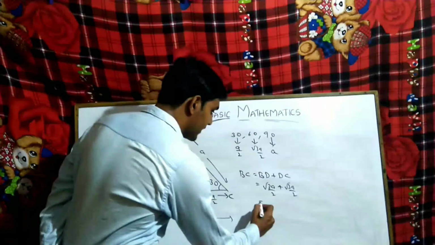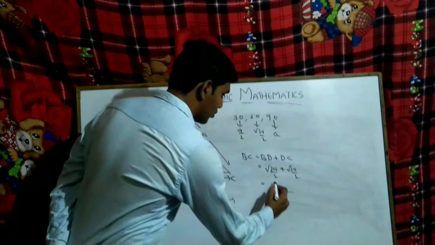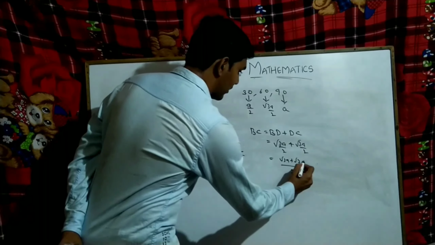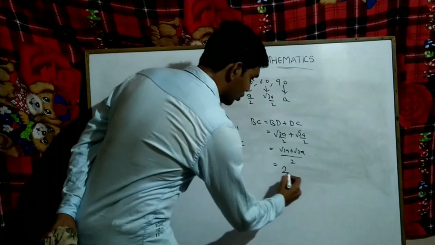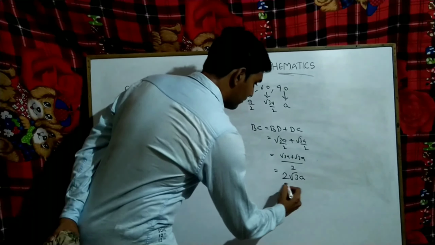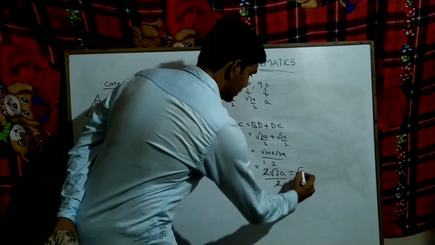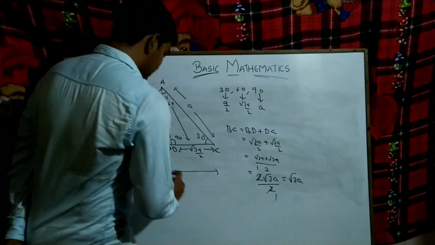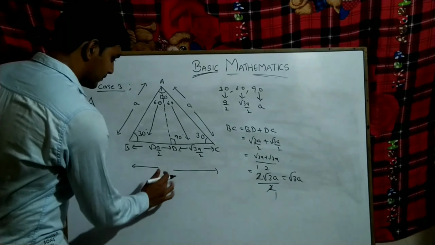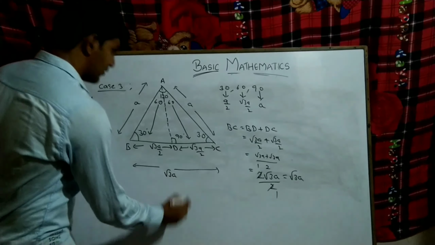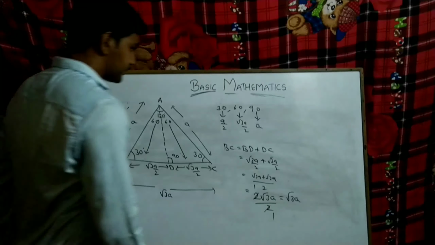If we take LCM 2, this is root 3a plus root 3a, so it comes 2 root 3a by 2. 2 ones are 2 ones are, it comes root 3a. So the value of x here is root 3a.